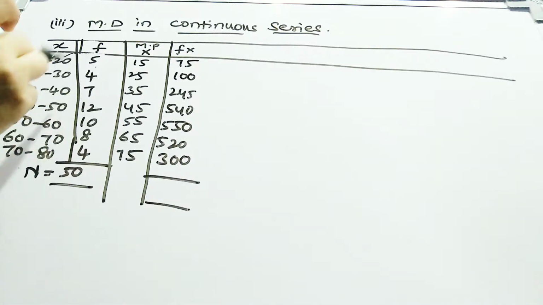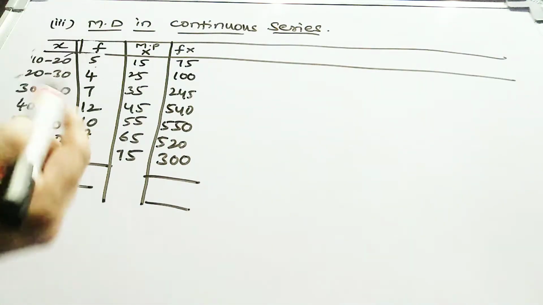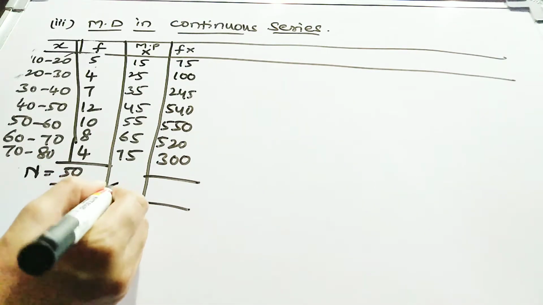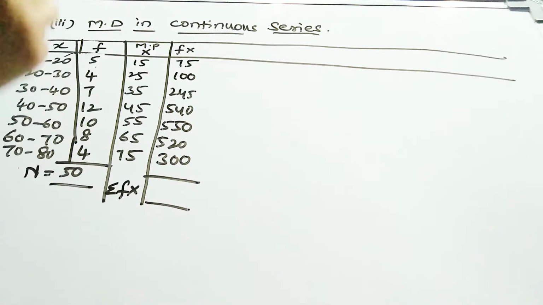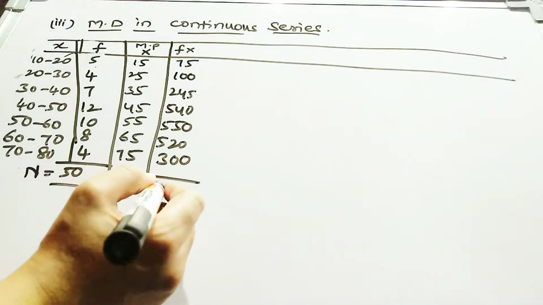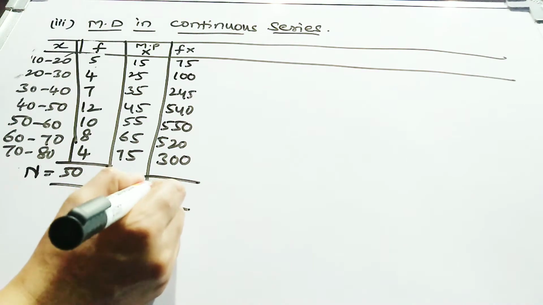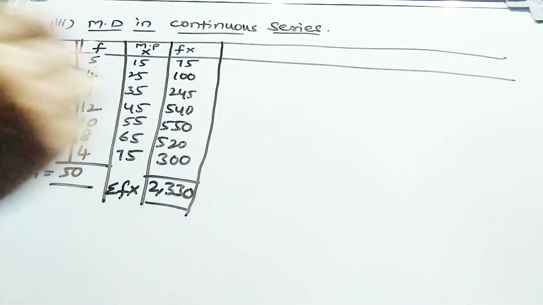After calculating frequency times mid value, just add them and you will get summation fx, the total fx value. The value you will get is 2330.